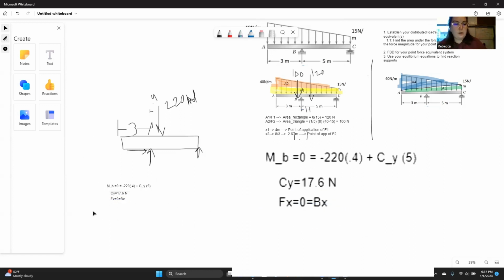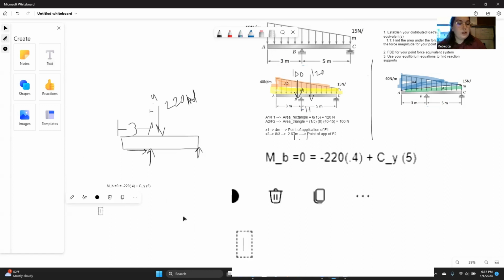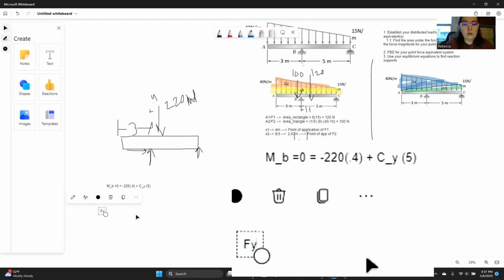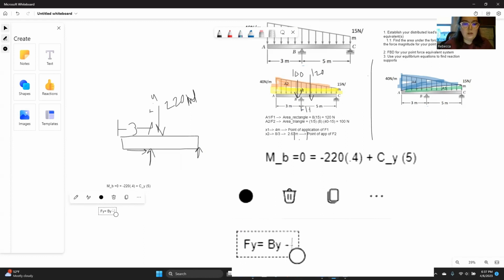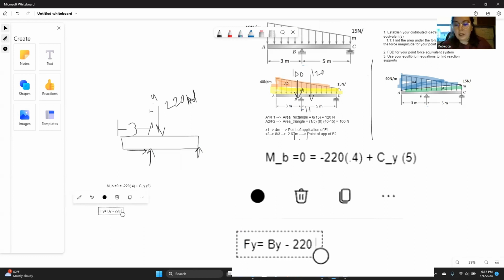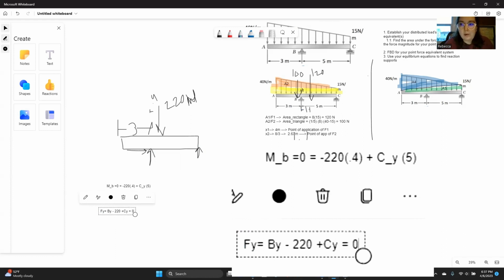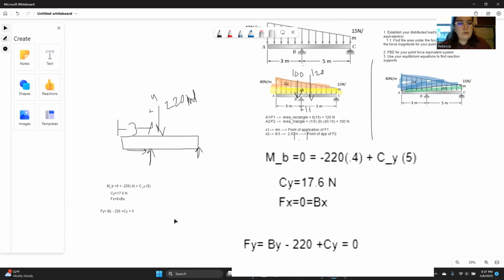The last equation that we'll throw in is our summation of forces in Y, which is positive By minus 220 plus Cy, and all of that needs to equal 0 to keep our problem in equilibrium.